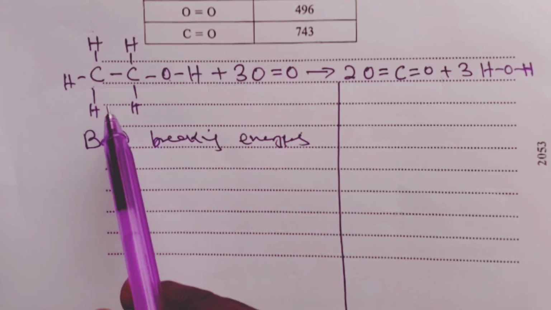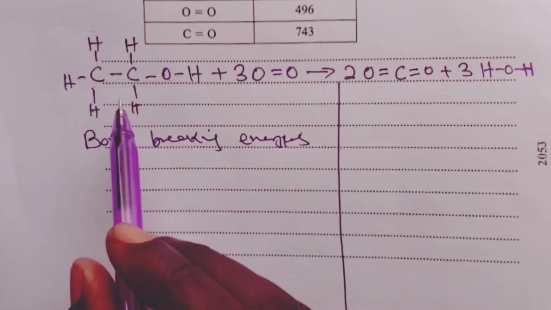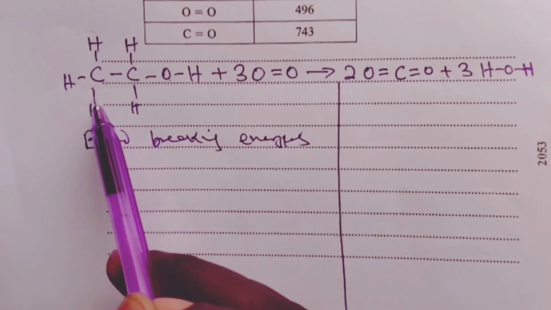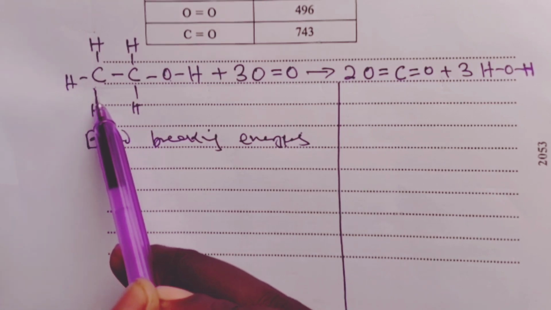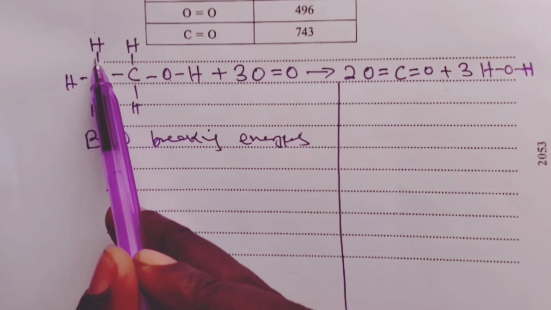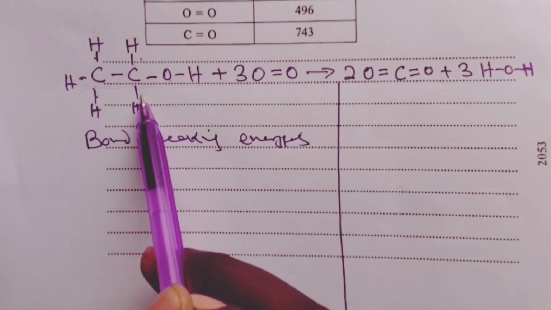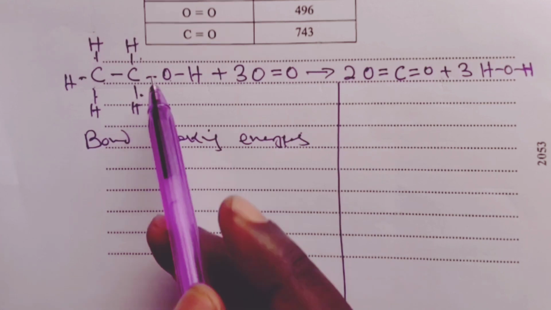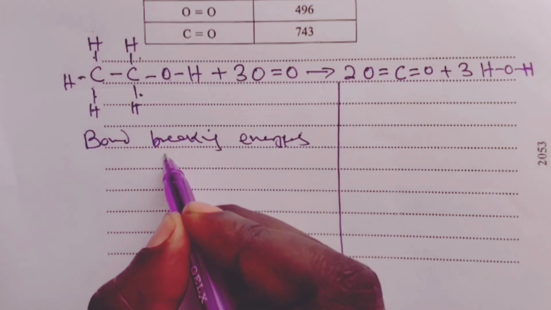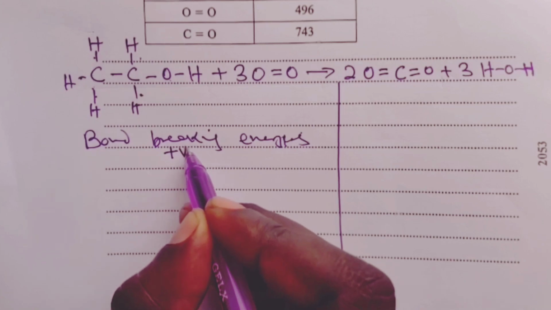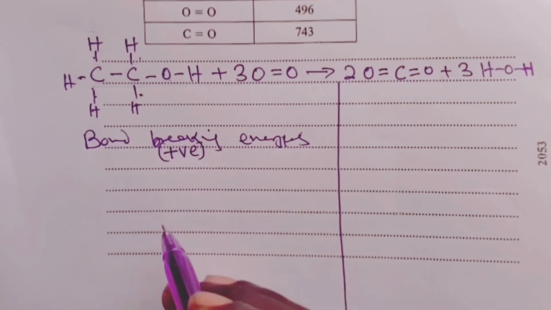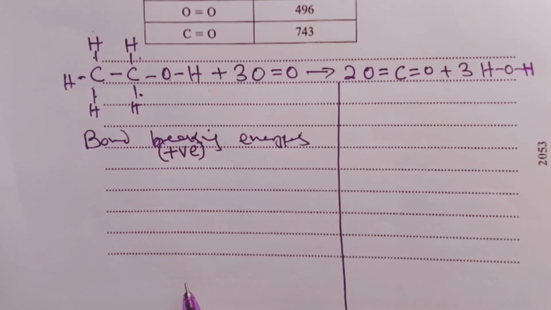Let's begin with ethanol. For ethanol, I have 5 CH bonds. 1, 2, 3, 4, 5. We have 5 CH bonds. And before we continue, bond breaking energies are actually endothermic, and our signs are supposed to be positive in the calculations to show that bond breaking is an endothermic process.